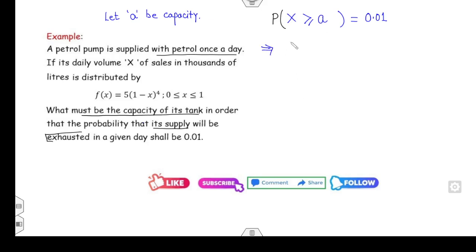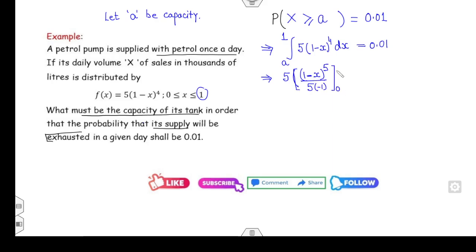Now how can you solve it? It is from a to the upper limit 1 of 5 times (1 minus x) raised to power 4, which is equal to 0.01. Now can you integrate it? 5 is outside, (1 minus x) raised to power 5 divided by 5, and the derivative of 1 minus x is minus 1.